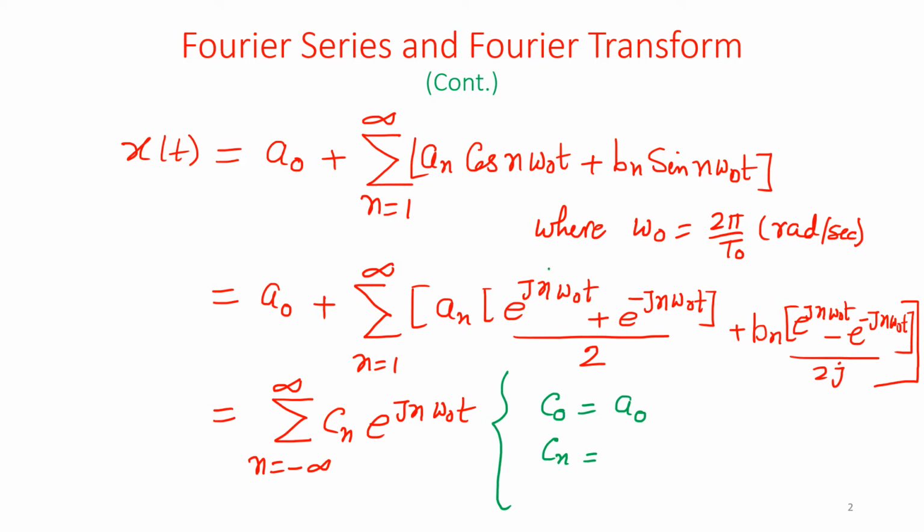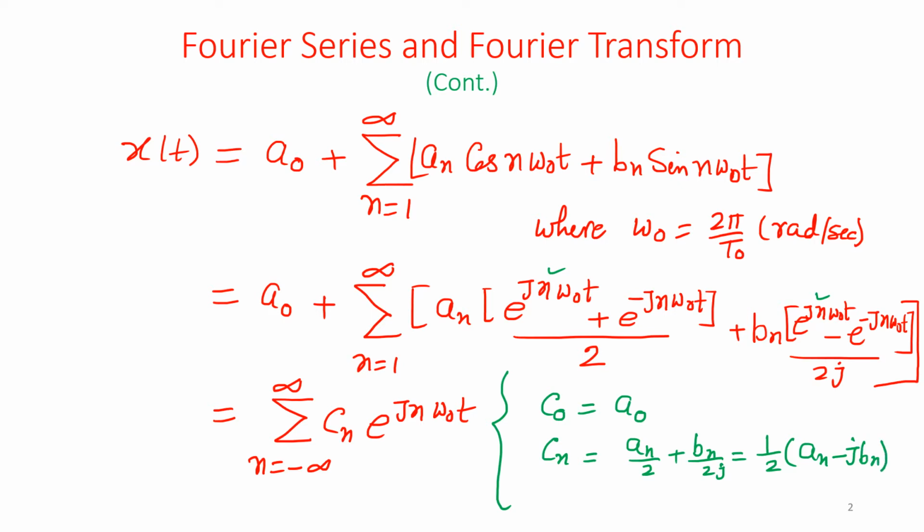This term is here as well as here. So these two we have to combine. So it will be an upon 2 from this first one, and from the second one, this coefficient bn upon 2j. So if we rewrite this thing in this way, half an, we can multiply j in both numerator and denominator. It will become j squared is minus 1. So it is nothing but minus j bn.